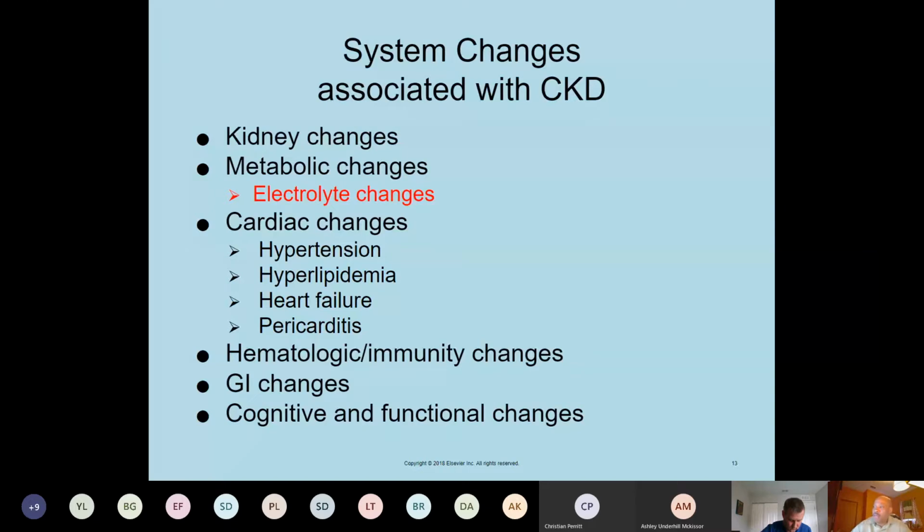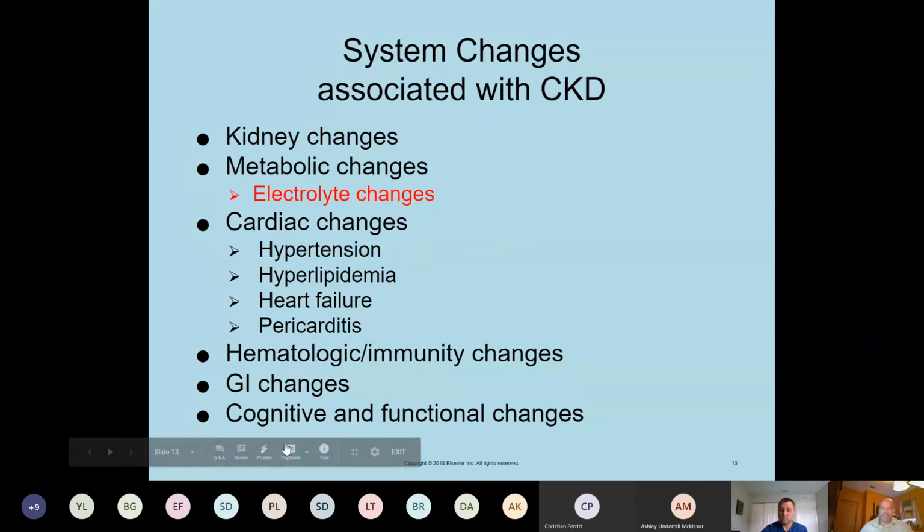As far as cognitive and functional changes, there is cognitive impairment in a late stage of this disease. These patients can also have an increased systemic drug toxicity risk, because if you're not eliminating the metabolites from the drugs that your patients take, they can build up more and more, causing toxicity in these patients.